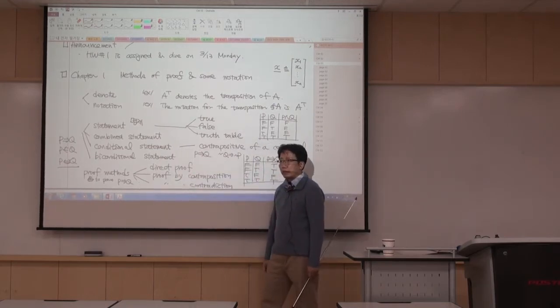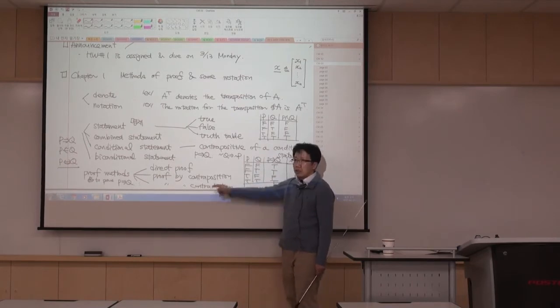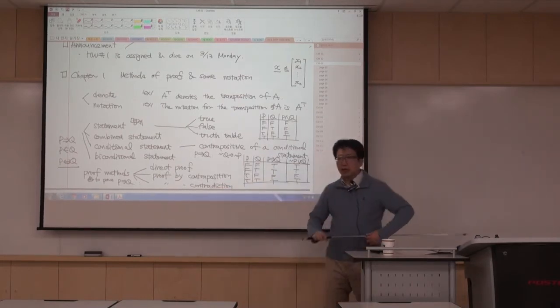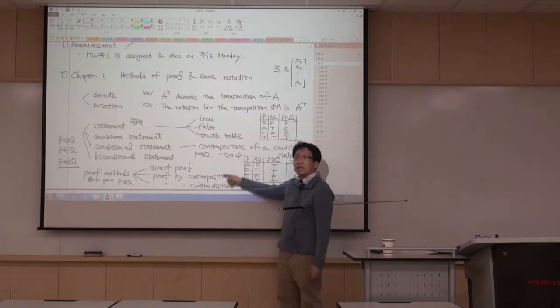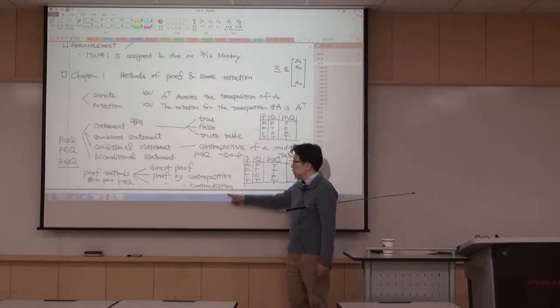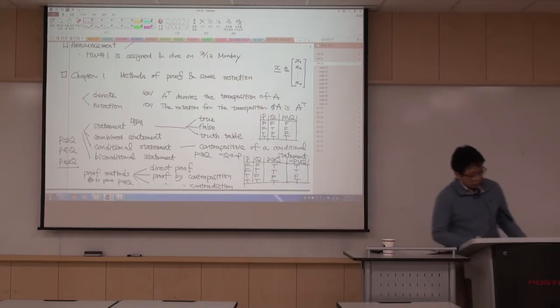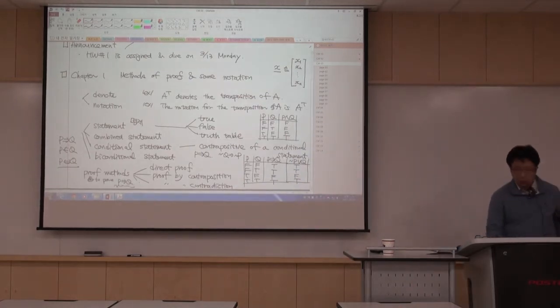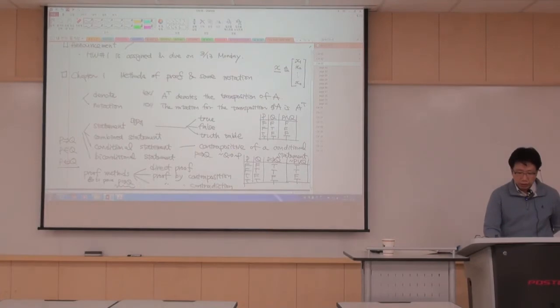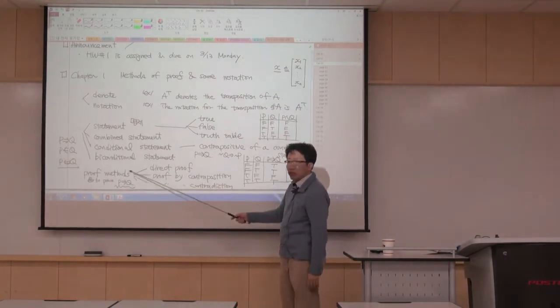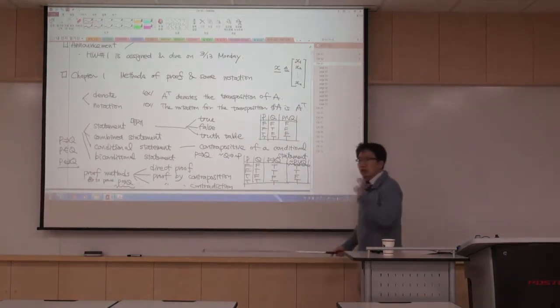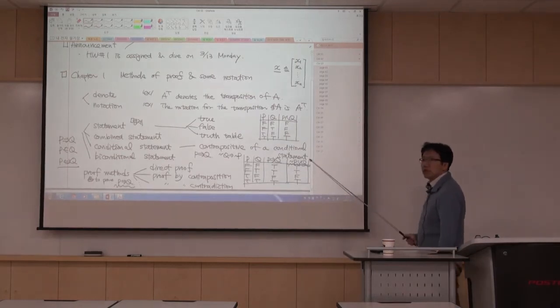Okay? Got it? Now then, what is the proof method by contradiction? What is contradiction? Sometimes they look almost the same actually, but they are not. Okay? Contradiction is this. You want to prove anyway P implies Q. But you know that, as I just told you, it's the same as not P or Q. So if you want to prove this conditional statement, it's equivalent to proving this statement is true.